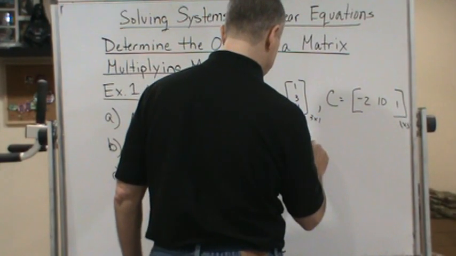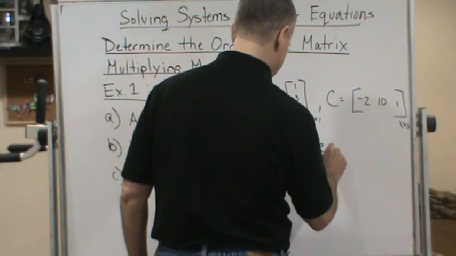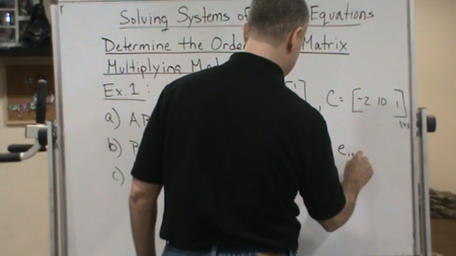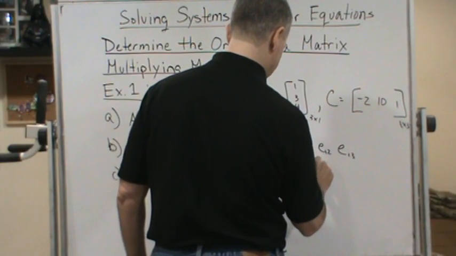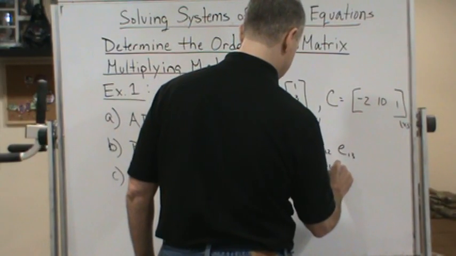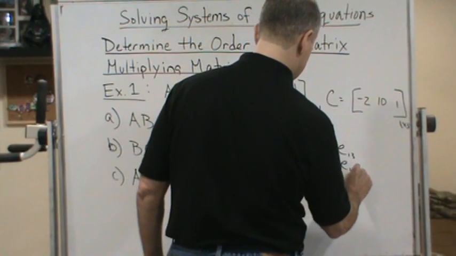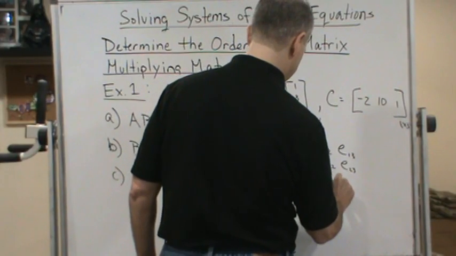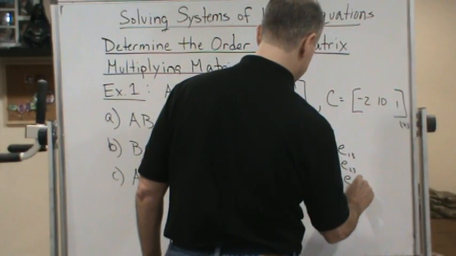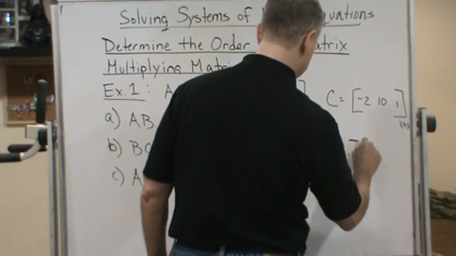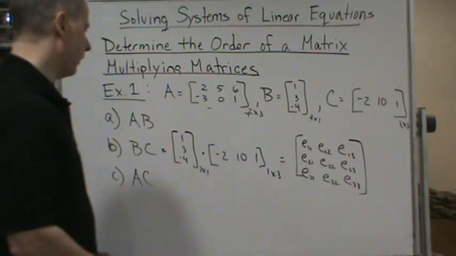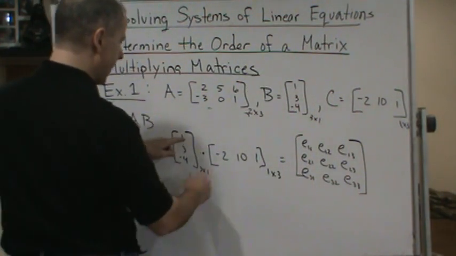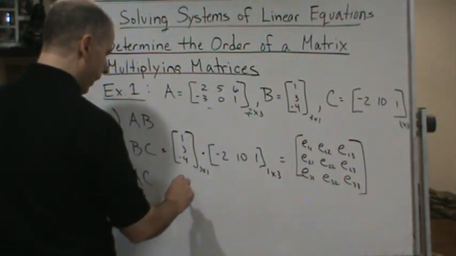So we're going to have E11, E12, E13, E21, E22, E23, and then E31, E32, and E33. And so to figure out each one, we just go through the process of cycling through our inner products, right?